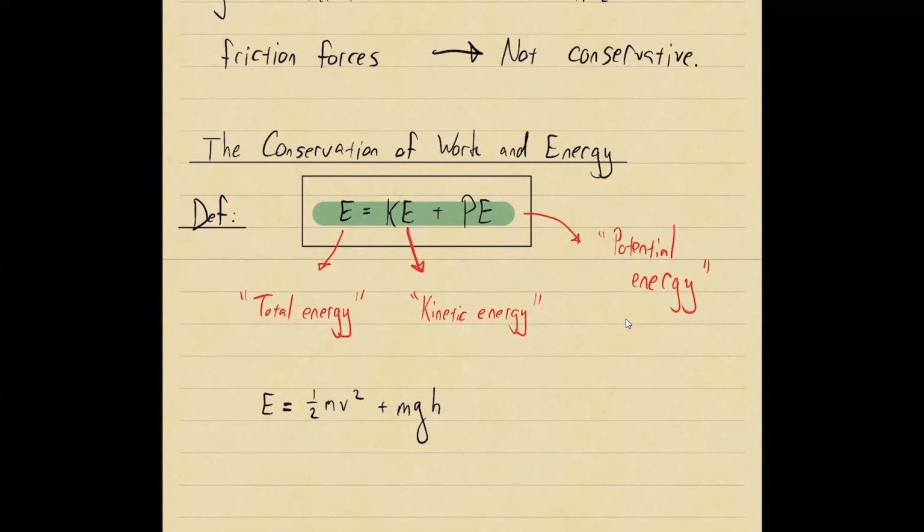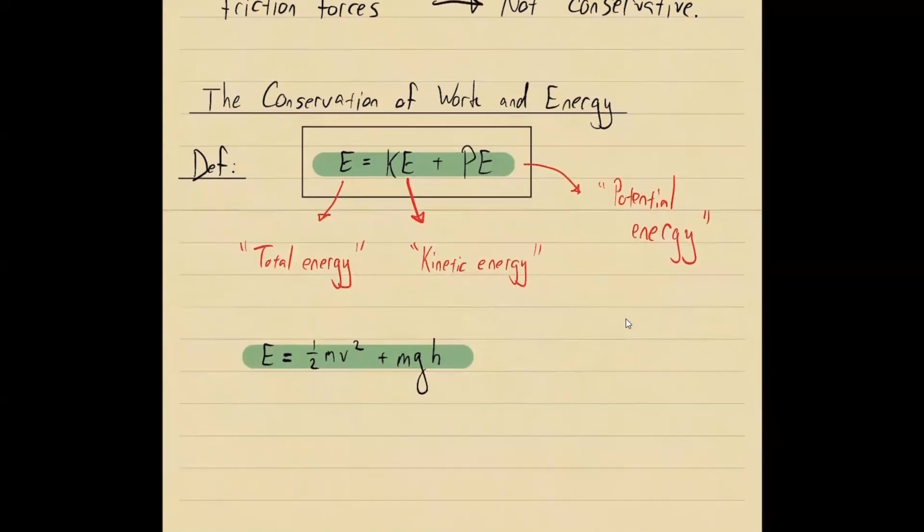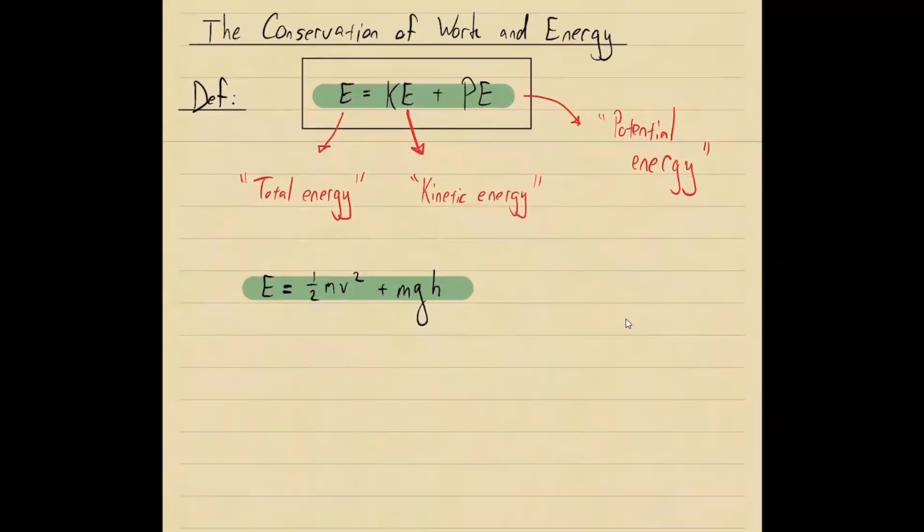And so our total energy ends up with this sort of form. The reason this is useful is that there are a lot of problems where this total energy is conserved. It's a constant. So we call this the principle of conservation of mechanical energy.